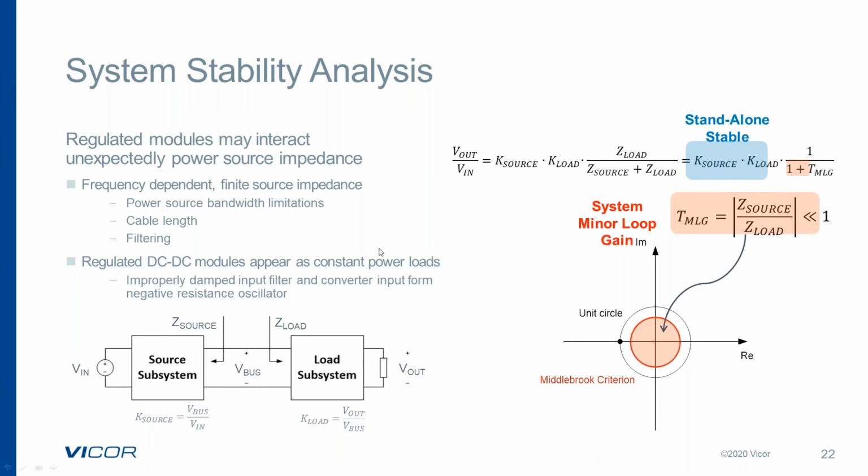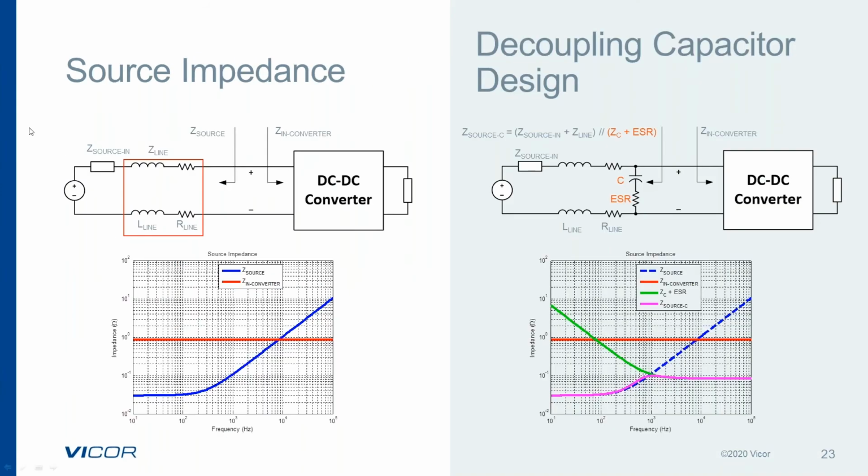Now, if we look at this with our DC to DC converter, the source impedance here is typically inductive. That'll give us our line inductance and possibly our input filtering. So that will be an inductive source, so it'll be low at low frequencies and then higher at higher frequencies. And our DC to DC converter, we'll consider that as constant power over frequency.